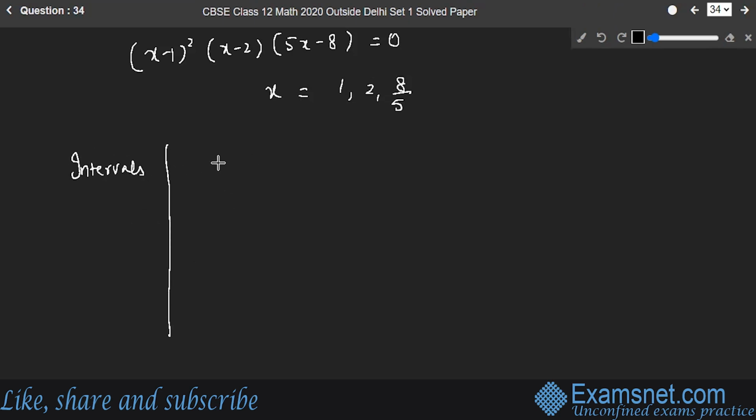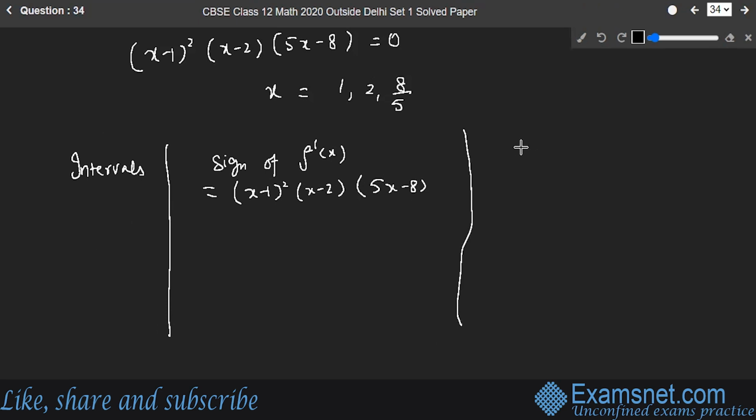And sign of f dash x, which is equal to (x minus 1) square, (x minus 2) into (5x minus 8). And we'll discuss whether it is strictly increasing or strictly decreasing.